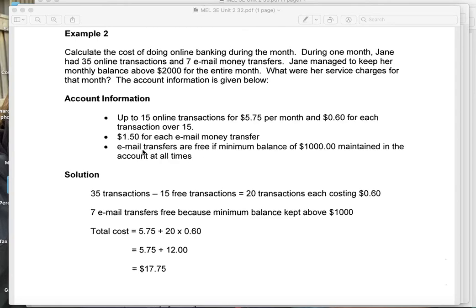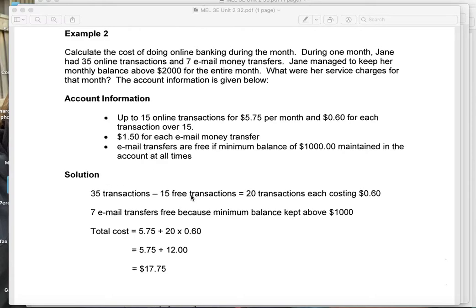So that's important. It says that Jane managed to keep her monthly balance at $2,000 for the entire month. So it is above 1,000. So this point here, this $1.50 for each money transfer doesn't need to count because they are free. She kept her minimum balance over 1,000.